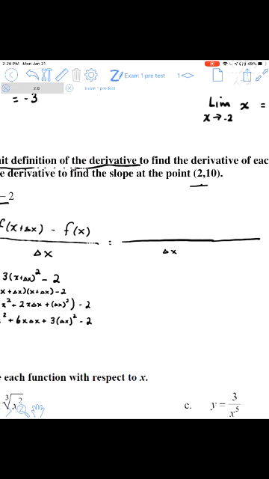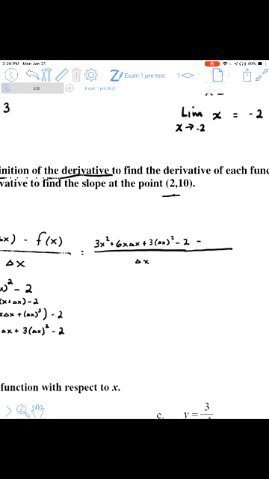So we've got 3x squared plus 6x delta x plus 3 times delta x squared minus 2. So that's f of x plus delta x. Now we've got to subtract the original function, and that's got to be done in a parenthesis. 3x squared minus 2.